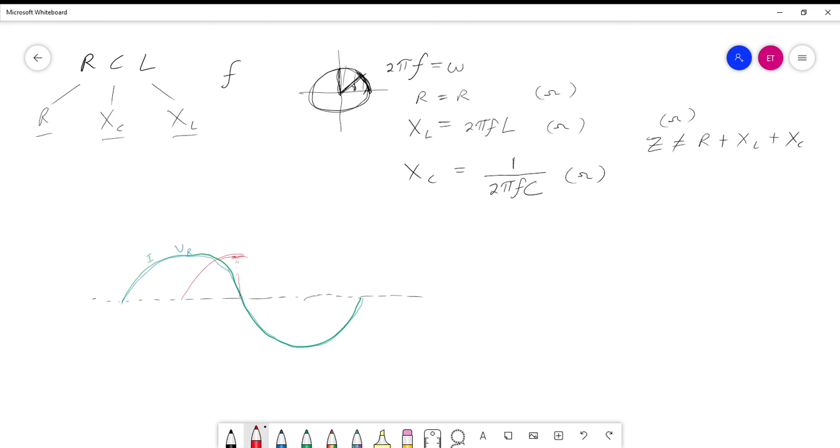So this is how the voltage of the capacitor would look. And also it's showing us that the opposition to current is maximum here, right here. For an inductor, a couple ways you can look at it.